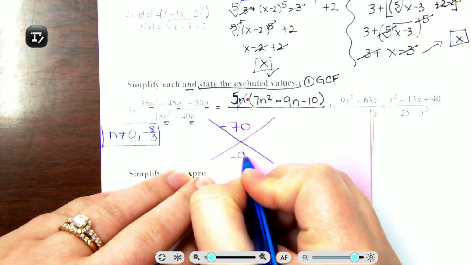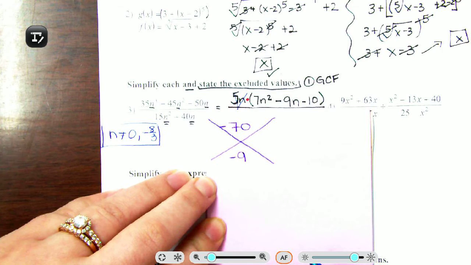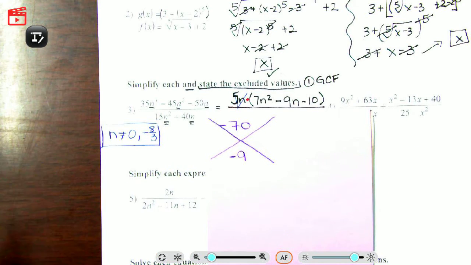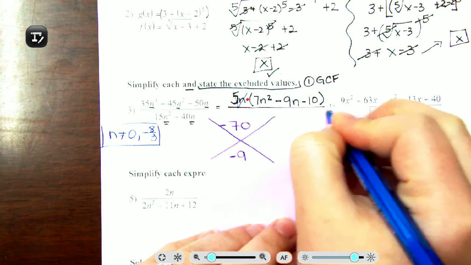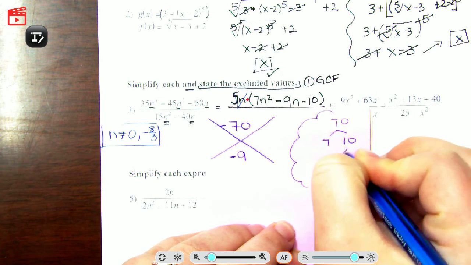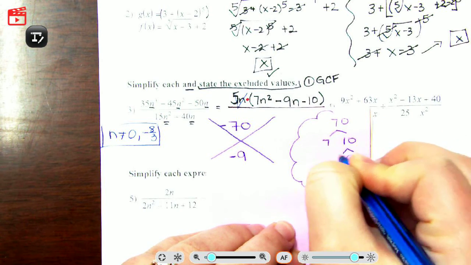Negative 9. Okay, so now I need two numbers that multiply together to give me negative 70 and add to give me negative 9. So you can, off to the side, do a little mini factor tree and see what those values are.